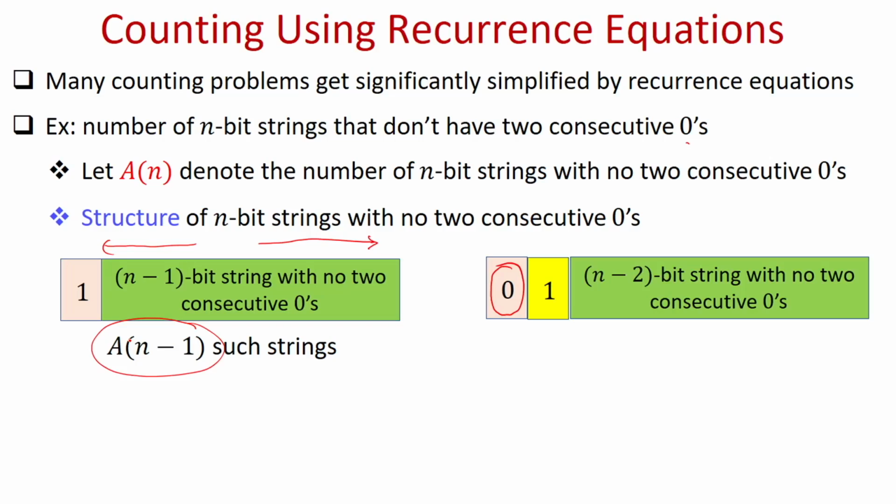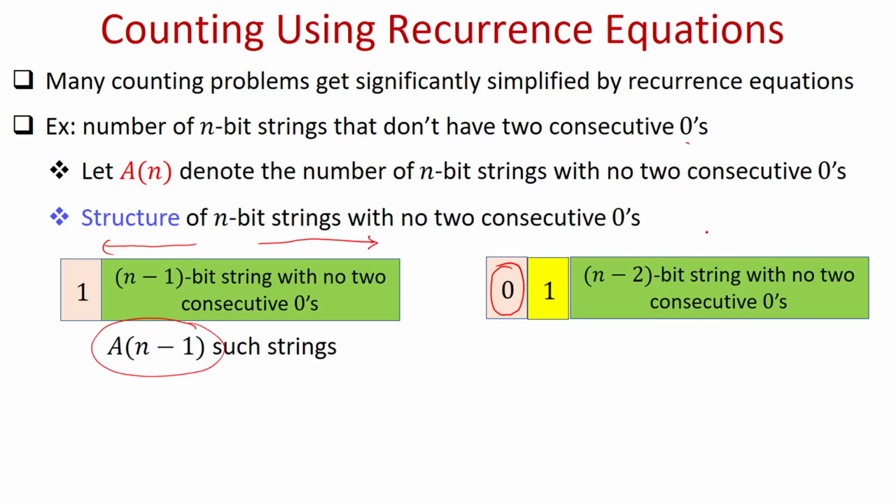You take any string of length n minus 1 which does not have an occurrence of two consecutive zeros, and you put a 1 at the beginning of such a string, that will give you a valid string of length n that does not have an occurrence of two consecutive zeros. So that's why I will have a of n minus 1 strings in this category.